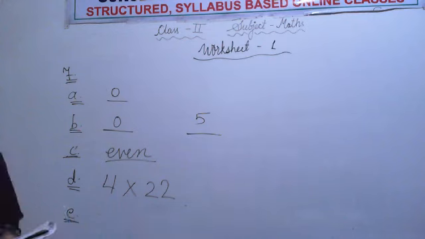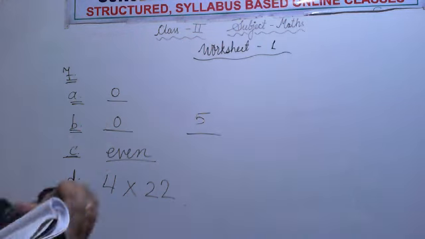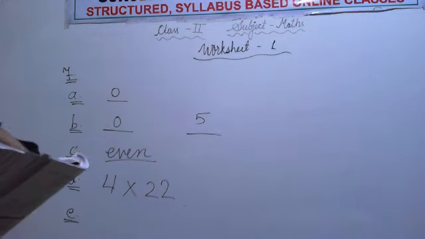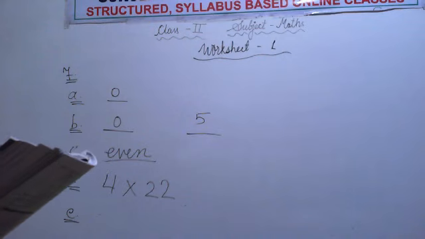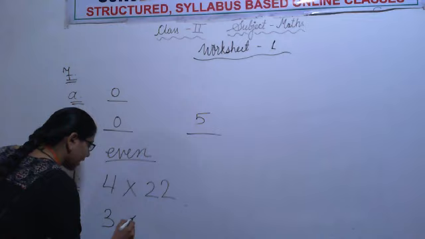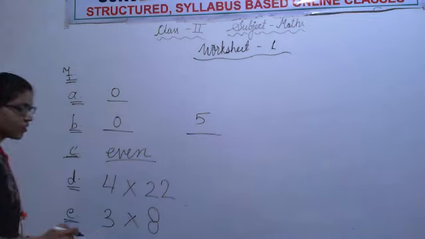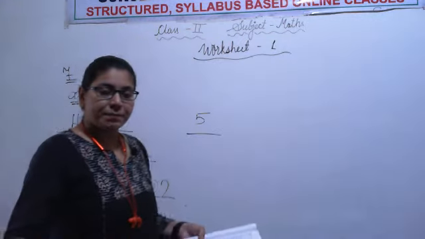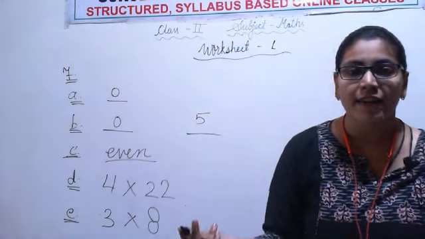Now the next one is, if one pipot has 8 peas in it, then 3 pipot will have blank peas. So 3 times 8. One is having 8 peas, so 3 is having.